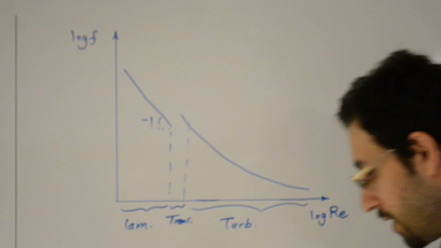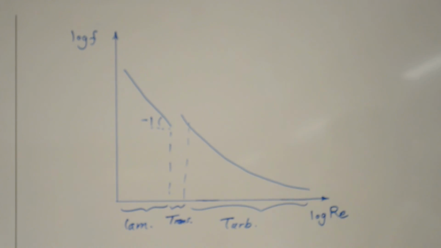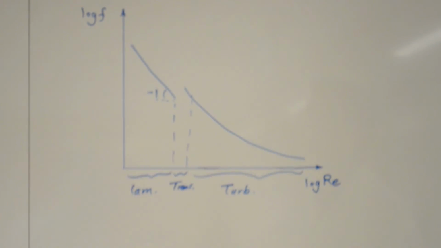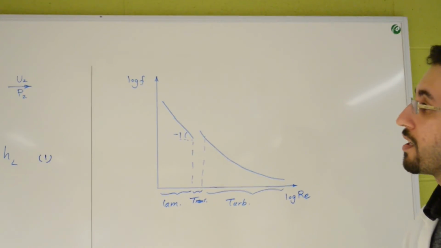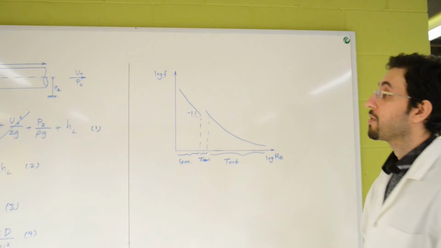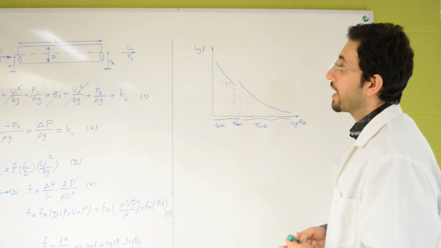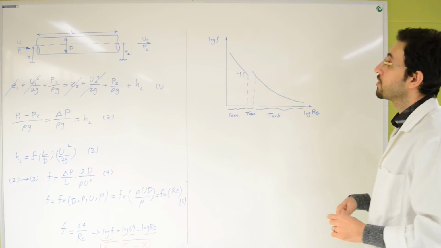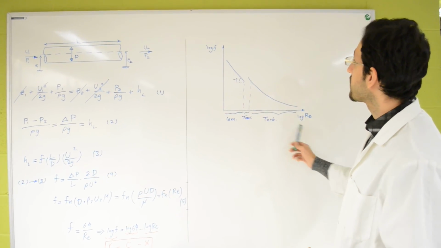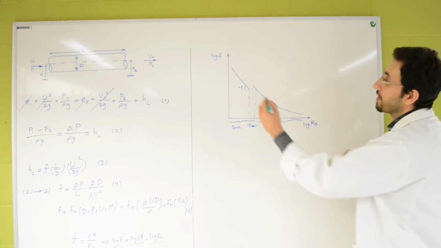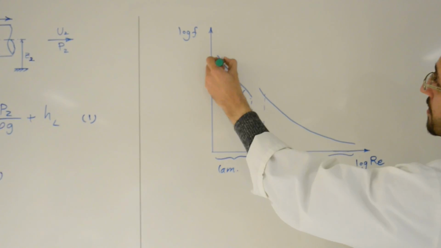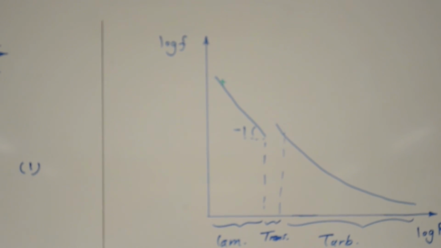So what we do in the prac, we will have water flowing inside the pipe, and we can measure the velocity using flow meters. We also can measure the pressure drop, delta P. By having delta P and U, we can calculate the Reynolds number and f. And we will have one experimental point on this plot.